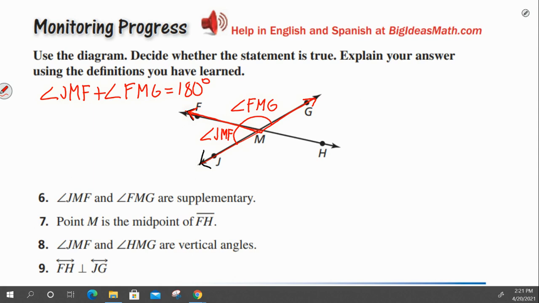And it turns out that they add up together to be 180 degrees because if we look on the other side, so if I was looking at angles JMG, that is in fact a straight angle.